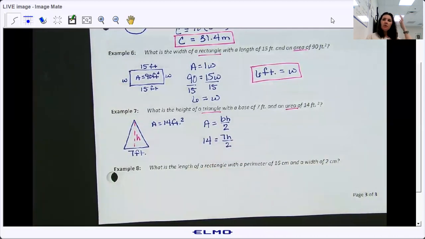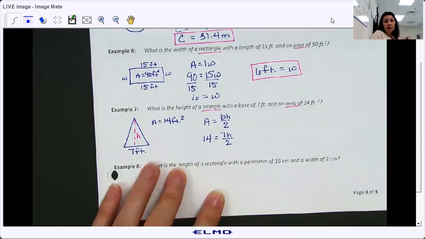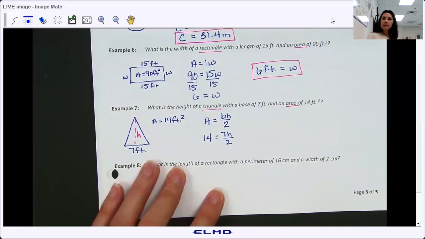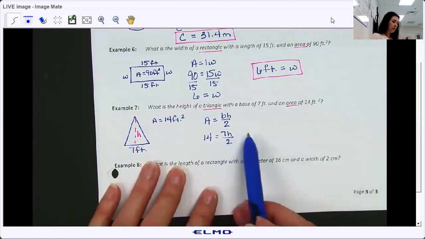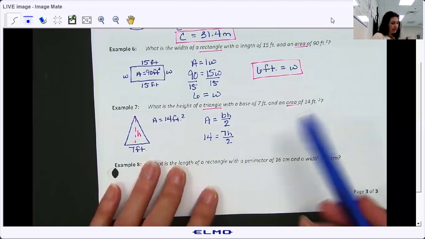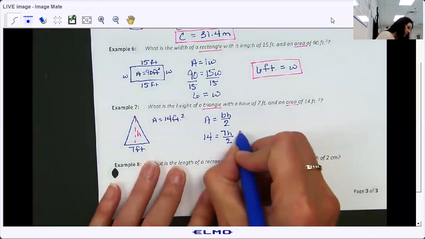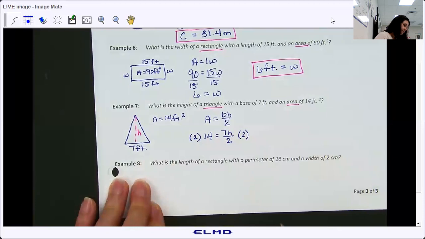So this is an example of, you know, I said you can divide 7 divided by 2, right? And then divide both sides by 3.5, which is what 7 divided by 2 is. But I don't like working with decimals. I like working with fractions better. So instead, what I will do is I will multiply both sides by 2. This gets rid of this 2. They cancel each other out. So I'm going to multiply this side by 2, and I'm going to multiply this side by 2.